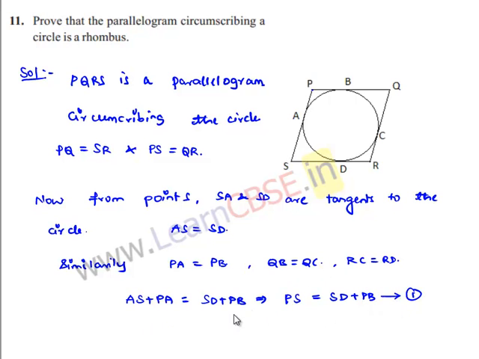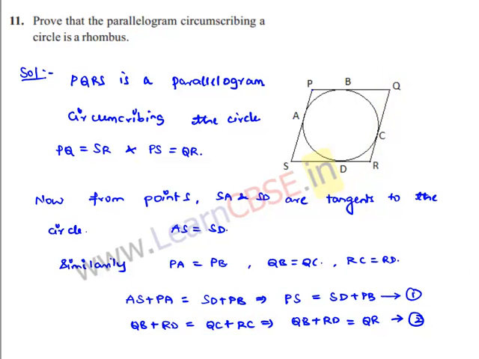Then let us add the other two equations, that is QB plus RD is equal to QC plus RC, which implies QB plus RD is equal to QC plus RC, which is nothing but QR. Let us name it as equation number 2.